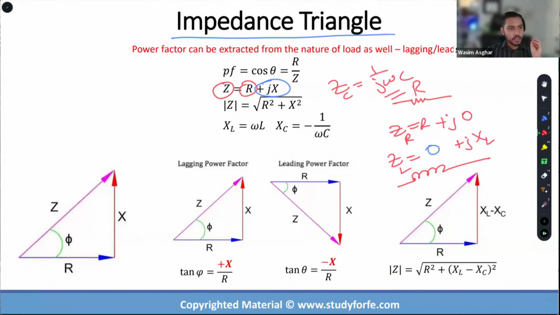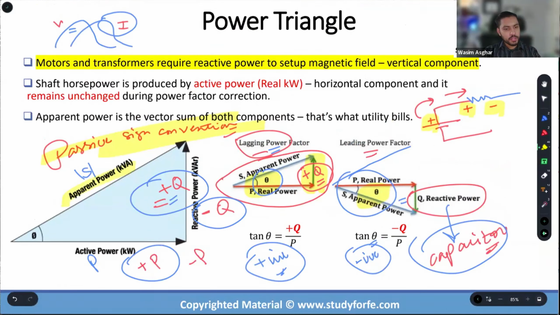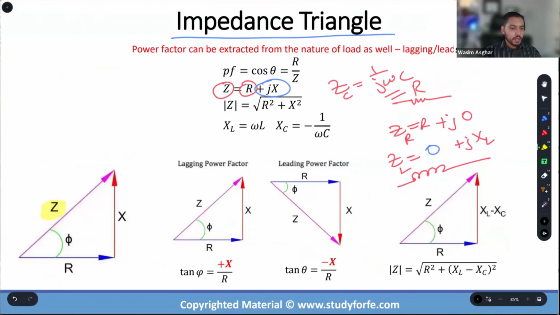But how does that apply and carry forward to power factor? Very simply, because just like your apparent power was divided up into the real power and the reactive power component, I can do the same thing with the resistor and the reactance. Now this reactance can take two forms, right?